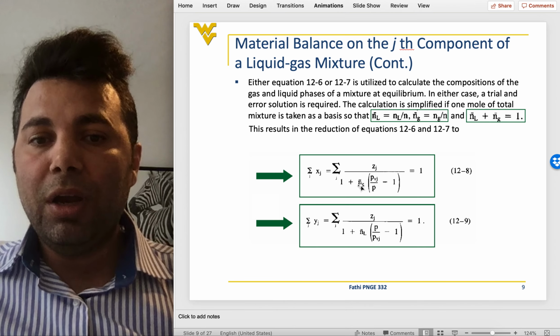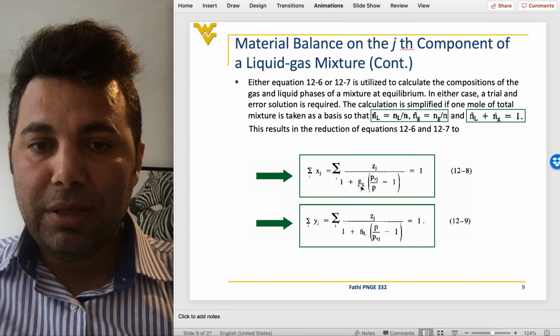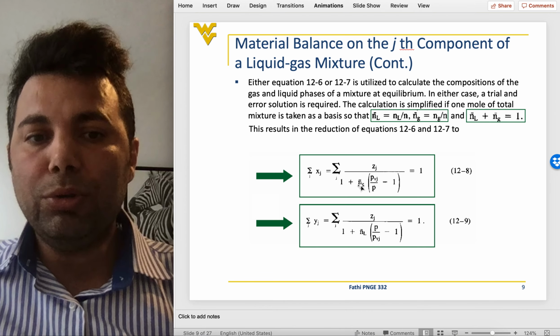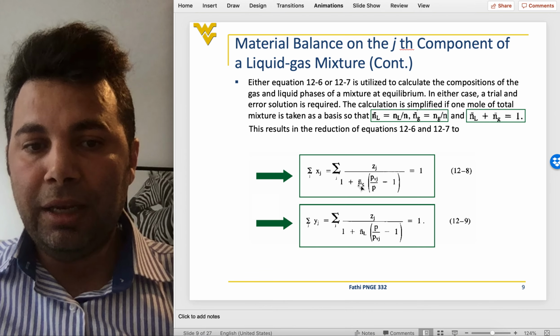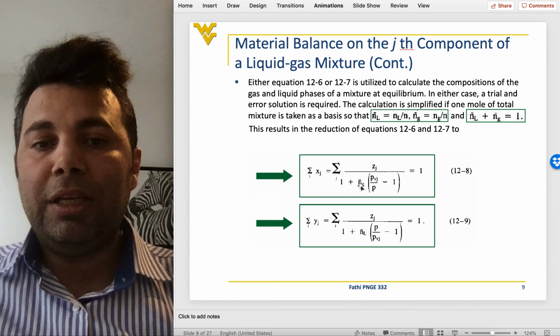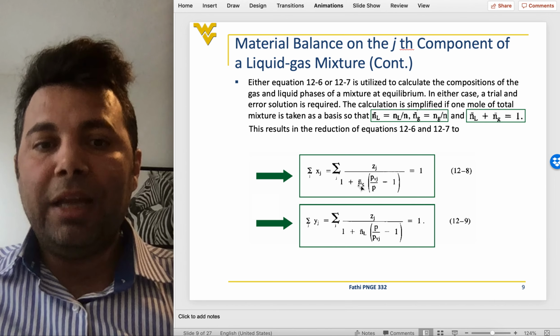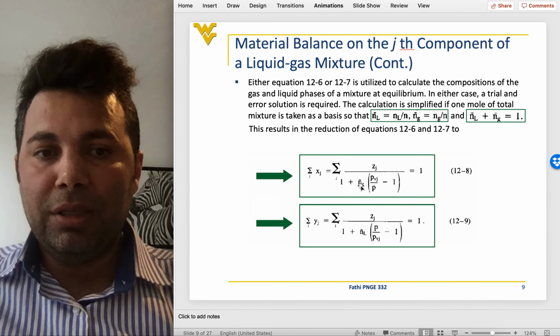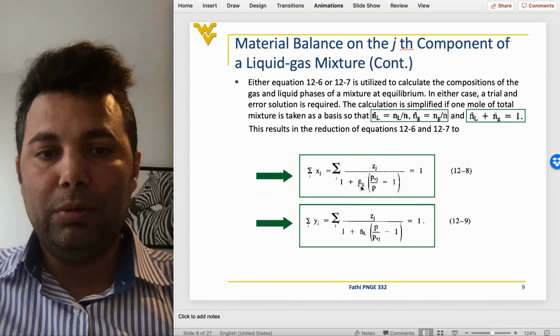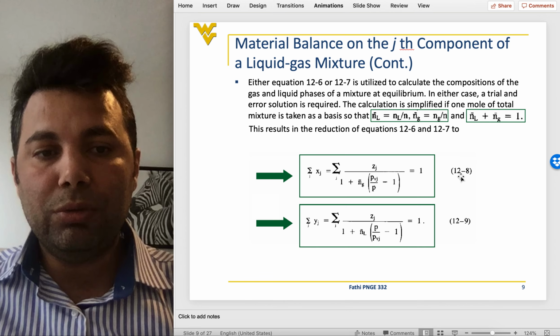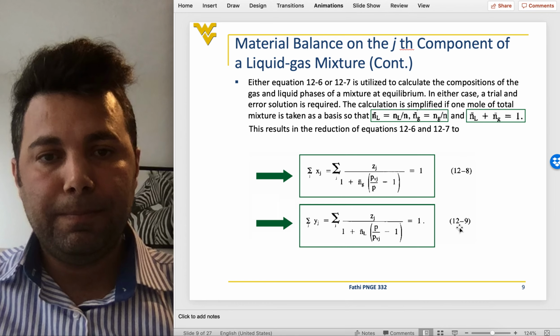So I can find the compositions, Xj and Yj, and also the quantities Ng and NL, for any pressure and temperature inside the two-phase region for the ideal mixture using either equation 12.8 or 12.9.